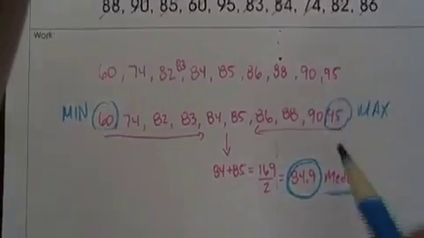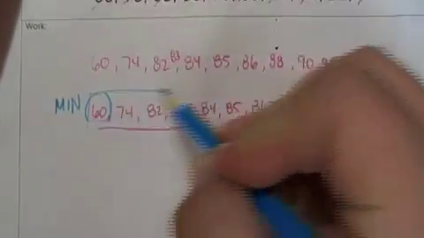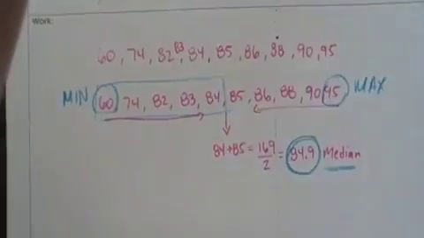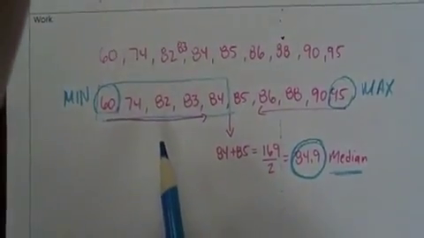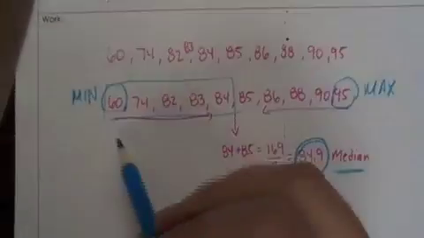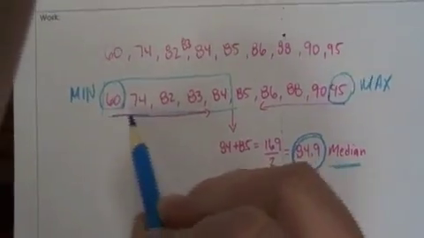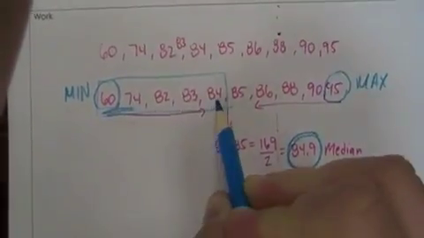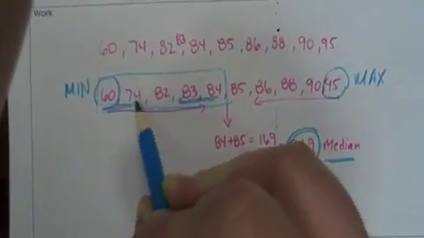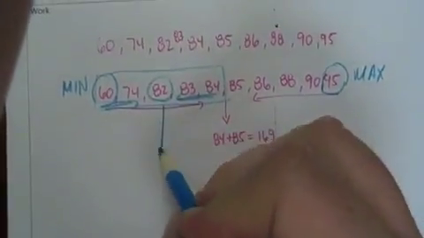Now it says to look at the left half of the data. This is the left half of the data. What we're supposed to do is find the middle number of this data here. So I'm going to go 2 this way, 2 this way, and 82 is an important number.